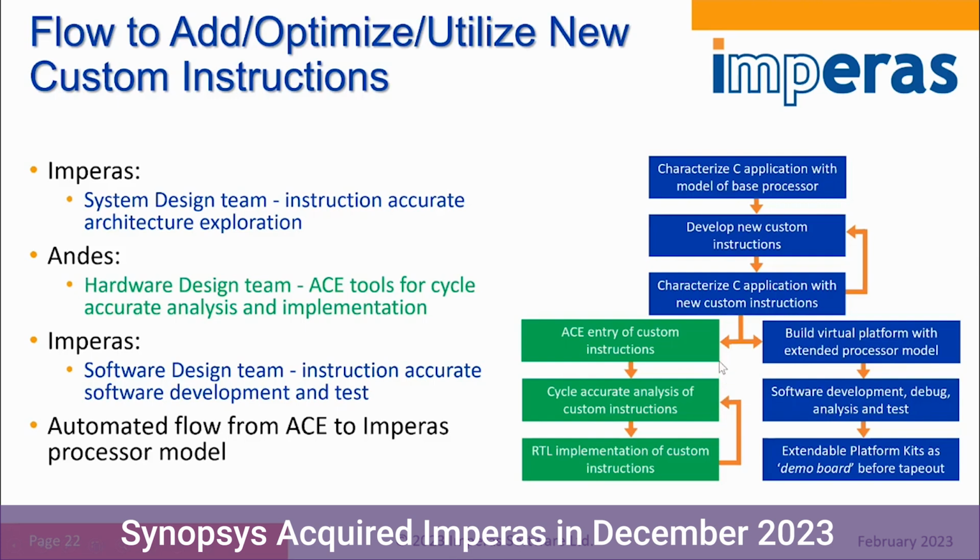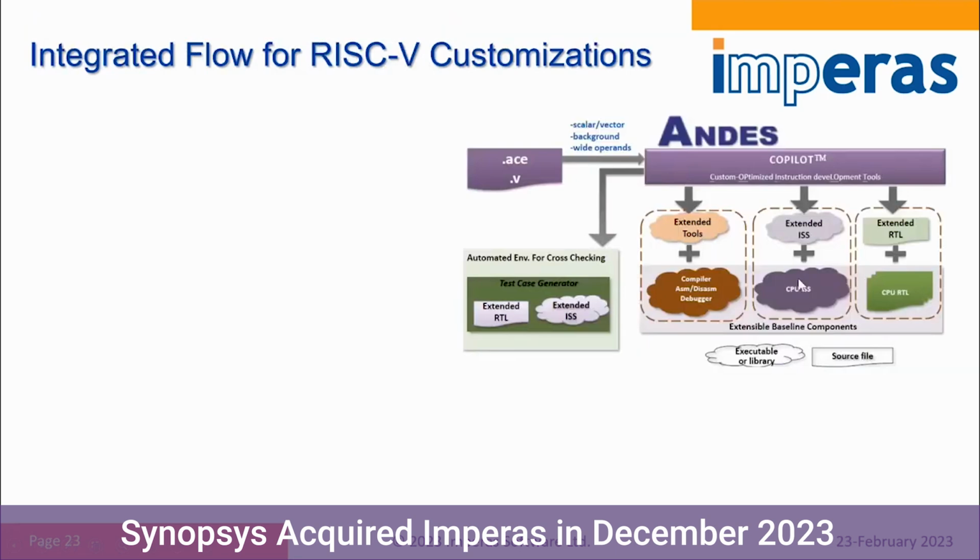Over the past few months up to a year, we have collaborated with Andes to automate the Andes ACE to Imperas processor model flow. This is also from John's slide. So this is the Andes environment with ACE and the CoPilot tool.